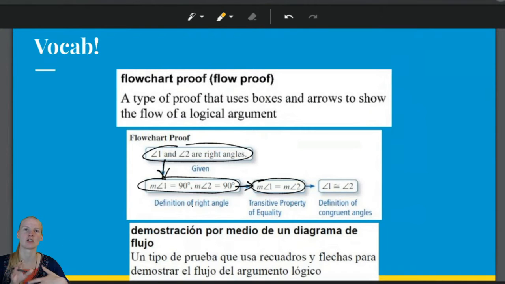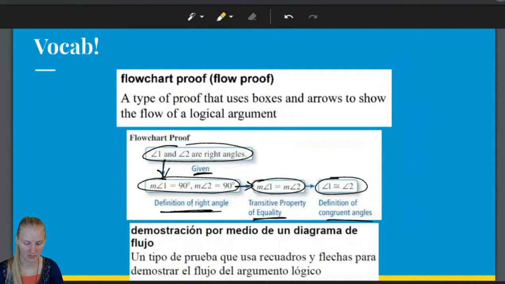So the arrows kind of show you, first I do this, second I do this, but it kind of shows the flow of things. And you can see in the blue, next to the boxes, they give the reason. So it's still like statement and reason, because the reasons are what make a proof a proof. You're always going to have reasons. So the reasons are outside of the boxes, the statements are inside of the boxes, and then we use the arrow to show the flow of the proof. So that's what a flowchart proof is and what it looks like.